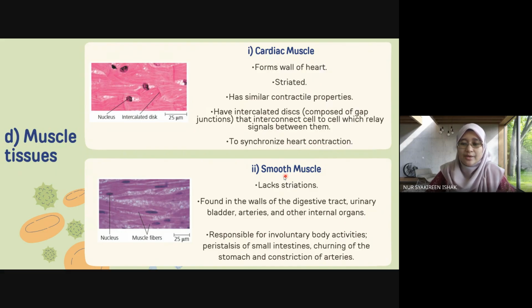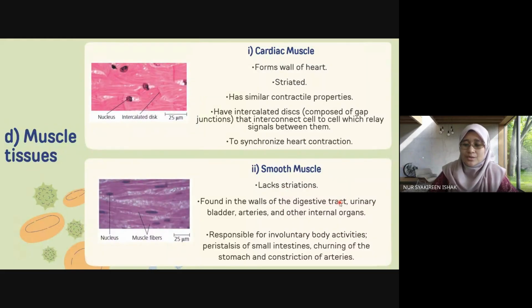And then we have the smooth muscles, which lack striations, found in the wall of the digestive tract, your alimentary canal, involved in peristalsis to move your food from the esophagus into your stomach and throughout your small intestine and large intestine.